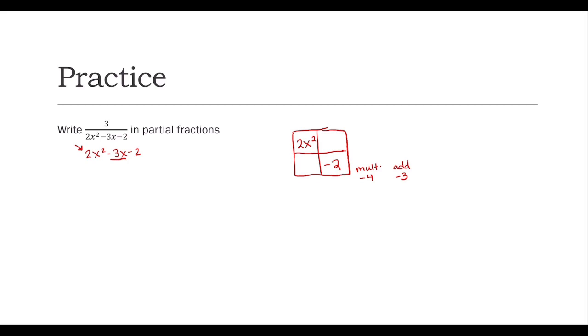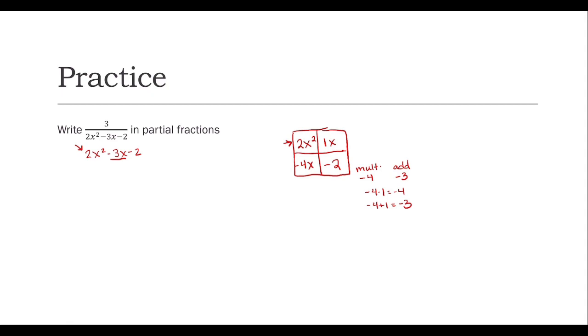So if we do negative 4 times 1, that'll give us negative 4, and negative 4 plus 1 will give us negative 3. So our numbers are going to be negative 4 and 1. So we'll put those in the other boxes with our x's. And then we need to pull our greatest common factor out of each row and column.